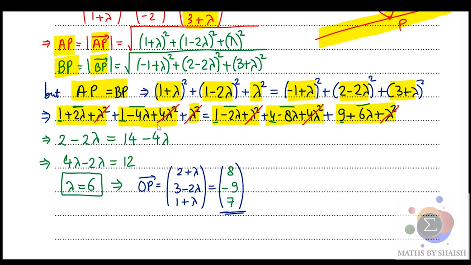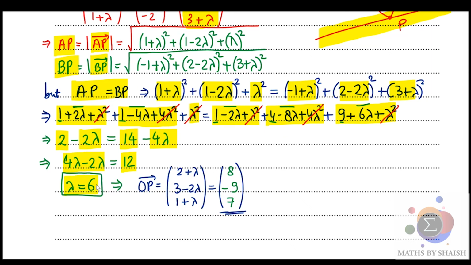And there is 1 plus 4 plus 1, that is 6 lambda squared, on each side, so lambda squared cancels everywhere. Finally, if we simplify, we get 2 minus 2 lambda on this side and 14 minus 4 lambda on the right hand side. So altogether when we cancel, 4 lambda minus 2 lambda becomes 12, that is, 2 lambda equals 12.